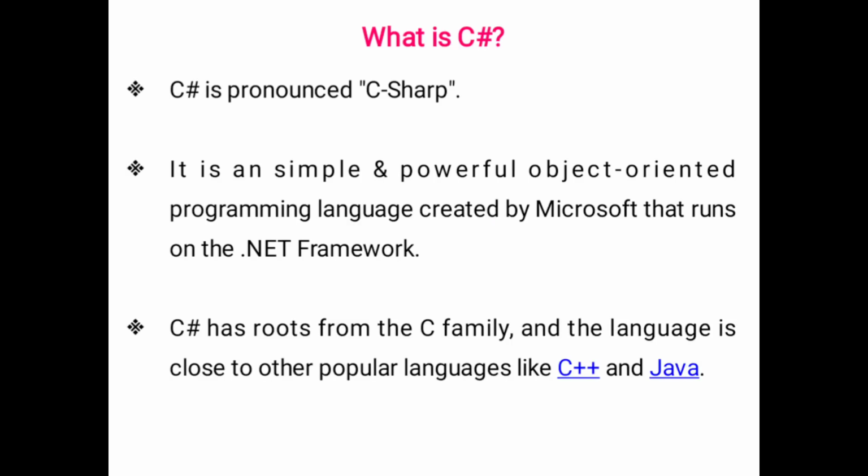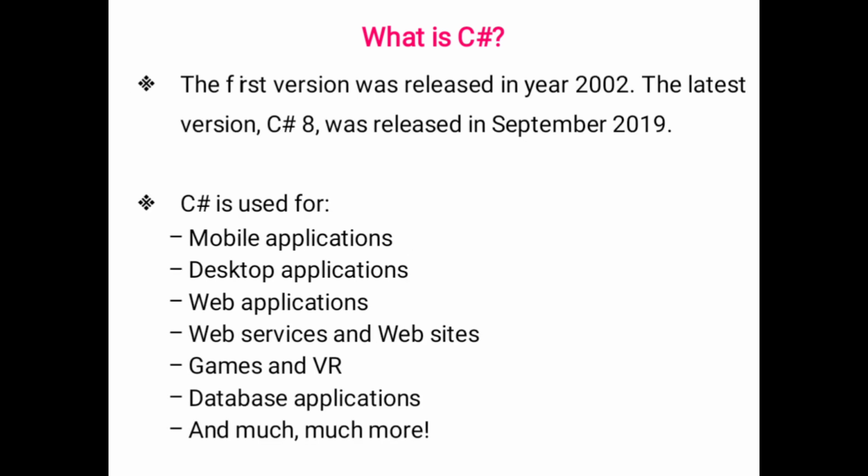So first, what is C#? C# is pronounced C sharp. It is a simple and powerful object-oriented programming language created by Microsoft that runs on the .NET framework. C# has roots from the C family and the language is close to other programming languages like C++ and Java.